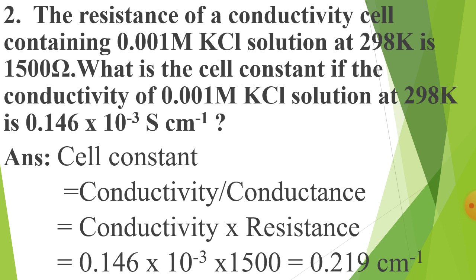This is the value of K. We know the relationship between the cell constant, resistance and conductivity: it equals conductivity into resistance. Here the conductivity is given as 0.146 into 10 to the power minus 3 Siemens per centimeter and the resistance is 1500 ohm.